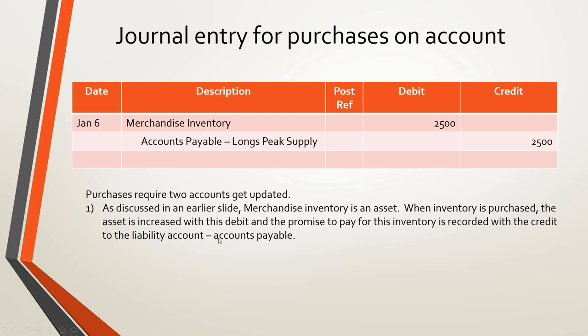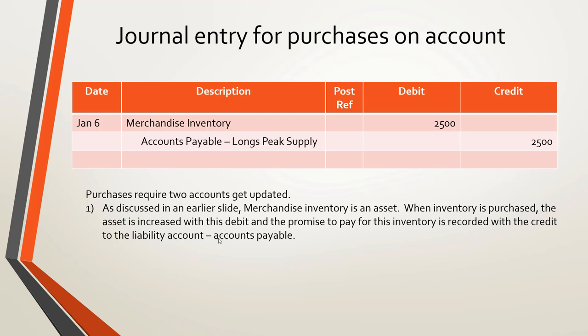Now, the other side of our merchandising business is, of course, we sell inventory, but we also have to purchase that inventory. And so the journal entry to record the purchase of inventory would look something like this. So in this case, we're going to buy from a supplier named Longs Peak Supply, and we're going to buy some inventory from them on account.